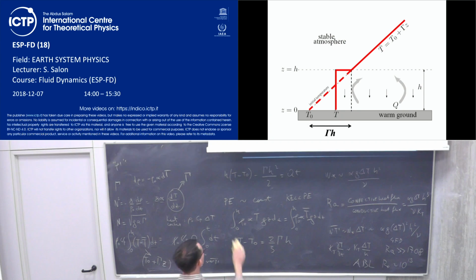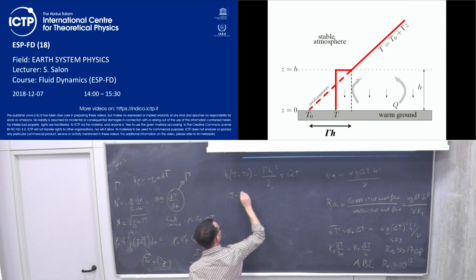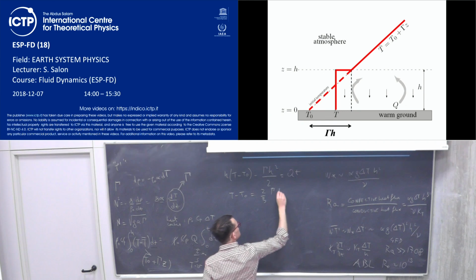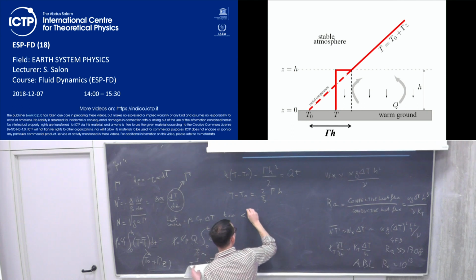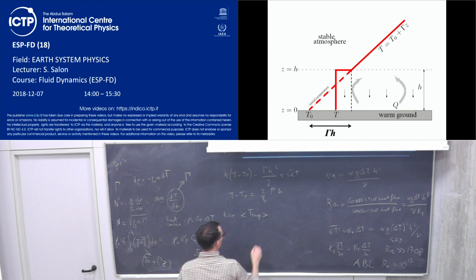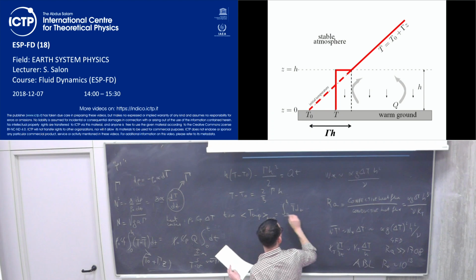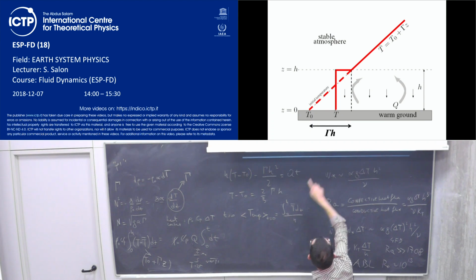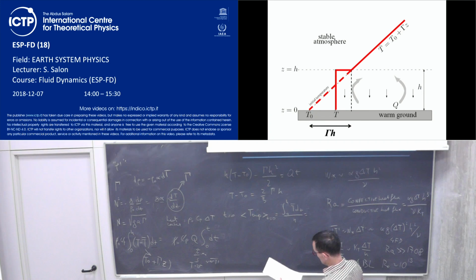So if I compute the average temperature at t equal to 0, which means making the integral between 0 and h of T bar dz divided by h, which is very easy because I just have to put that expression here, I obtain T0 plus lambda h over 2.